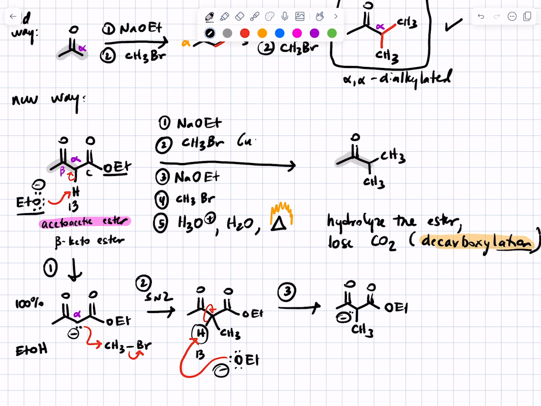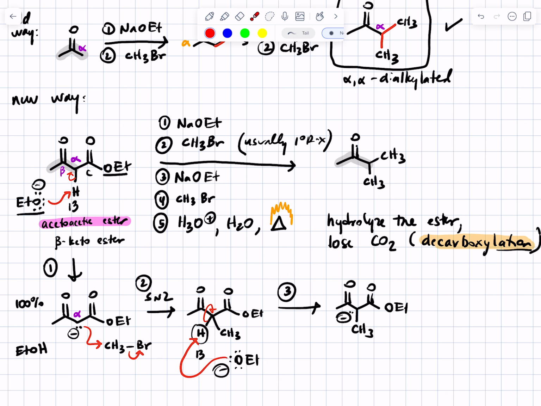Usually this alkyl halide should be primary, though there may be some exceptions to that and some problems that you do. Obviously, you wouldn't ever want to use a tertiary alkyl halide because you learned in 351 that those don't do SN2 reactions. After we complete that first SN2 reaction, we have what I'll call the monoalkylated beta keto ester, where we have the one alkyl group on the alpha carbon.